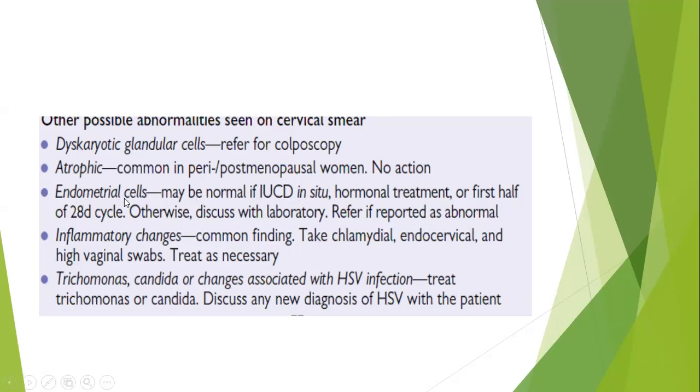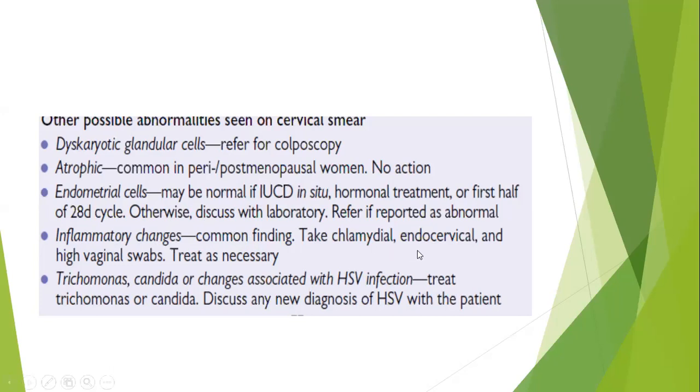So if there are endometrial cells, you should ask the patient if the patient has an IUCD or not, or hormonal treatment, or if the patient is on the first half of the 28-day cycle. If there are inflammatory changes, these are also common findings, and it indicates that there is some kind of infection going on.